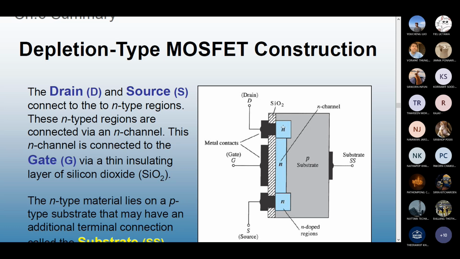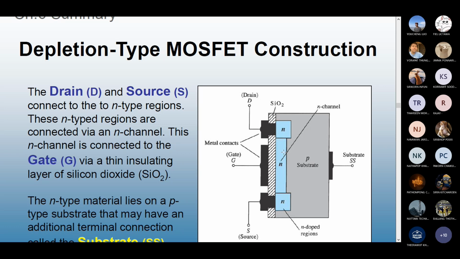And then you see what happens. On the left-hand side, you have one N-type material joined with the ohmic contact to the drain. There's another N-type material at the bottom, the square shape, joined with the source with an ohmic contact. These two square blocks are also joined by a conducting channel.